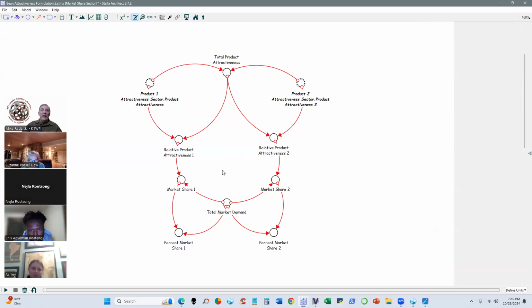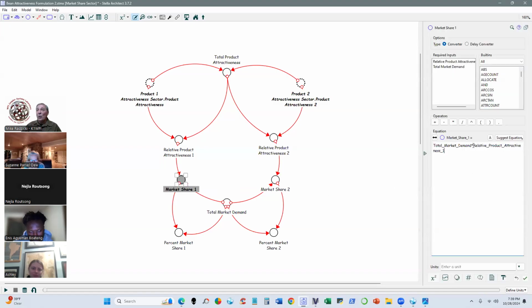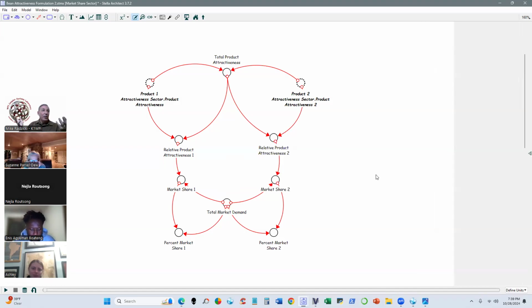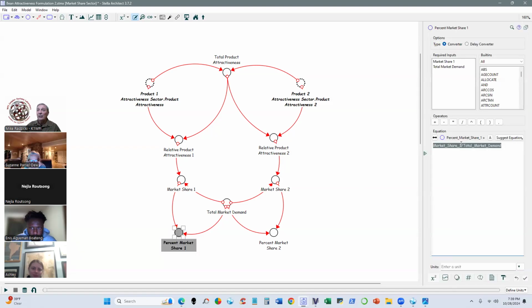And then here's your total market demand, and it's allocated according to the relative attractiveness, just like the scarce resource was allocated proportionally. So it's that same allocation mechanism. In this case, it's allocating customers, I guess you'd say. So the market share, here's the percent market share. Coke versus Pepsi, or whatever the case may be, right?